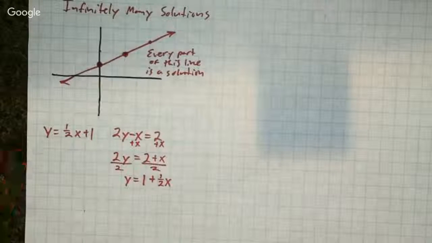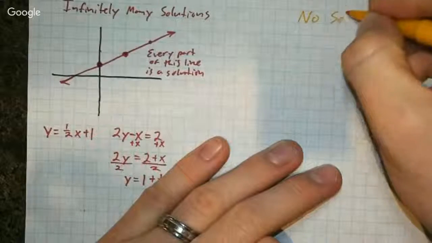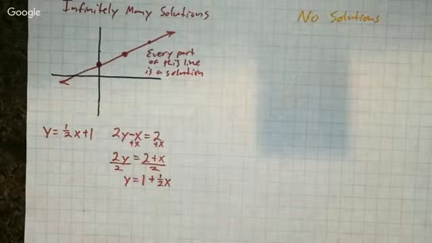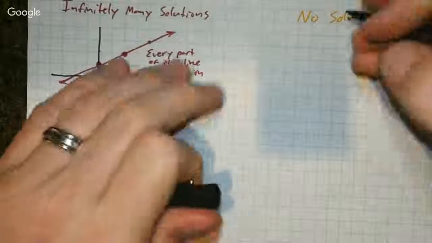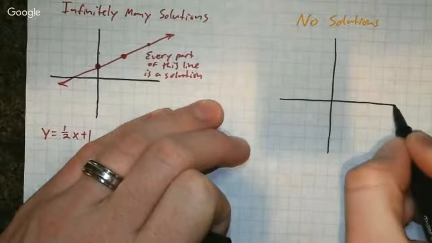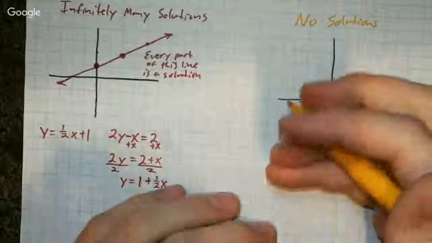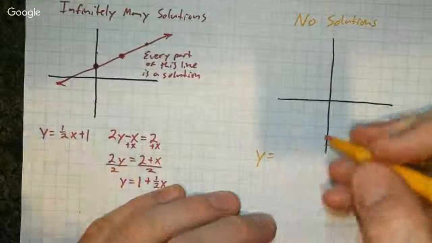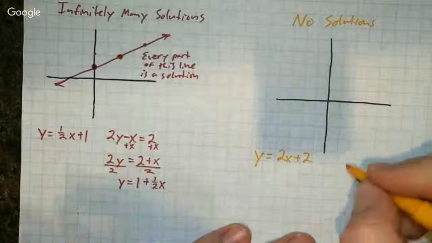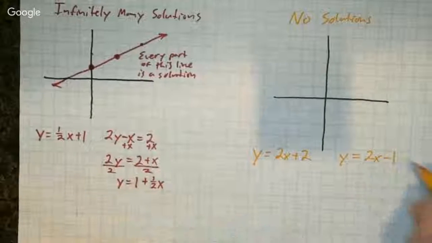Now, over on the other side, what if we had one that had no solutions. So again, I'm going to go ahead and put a little graph. And our two equations are going to be y equals 2x plus 2 and y equals 2x minus 1.